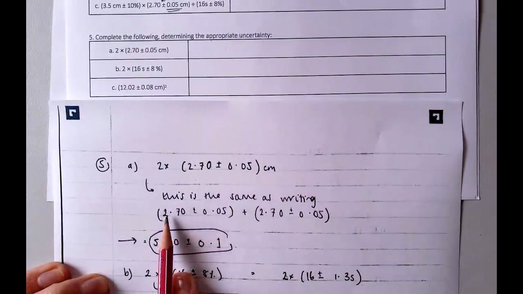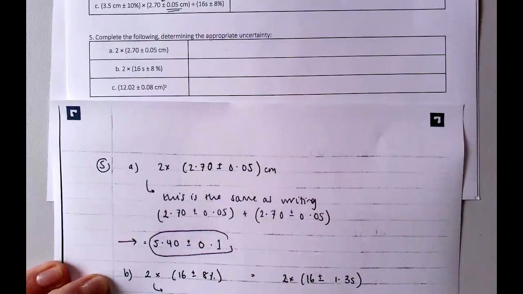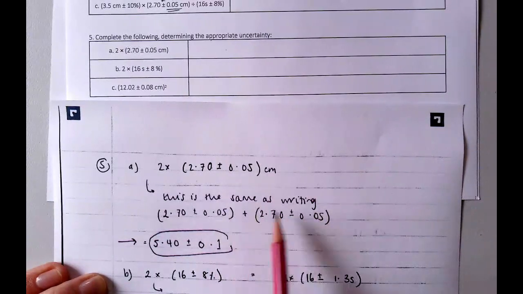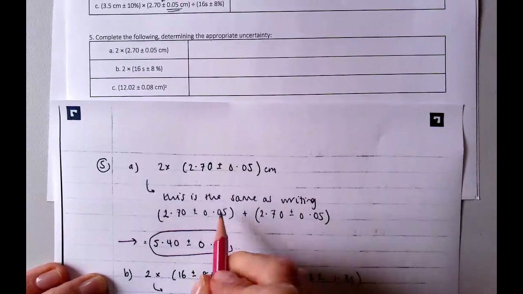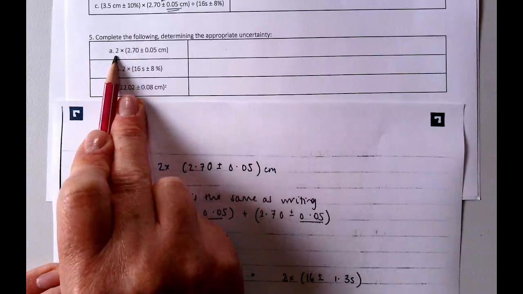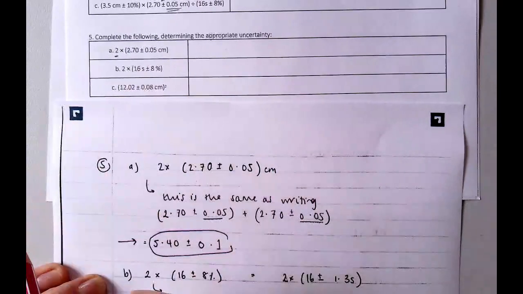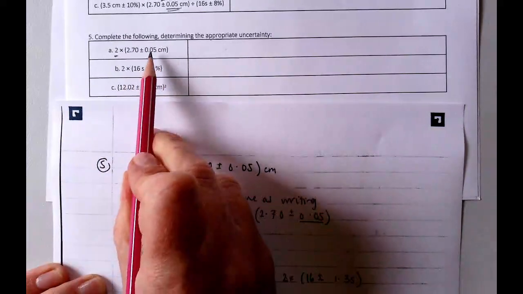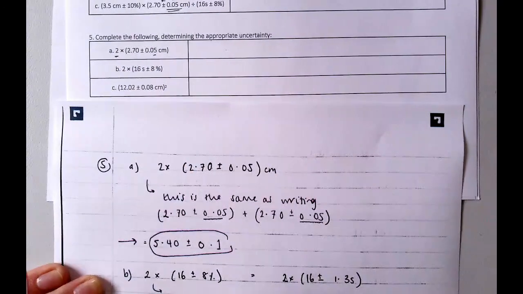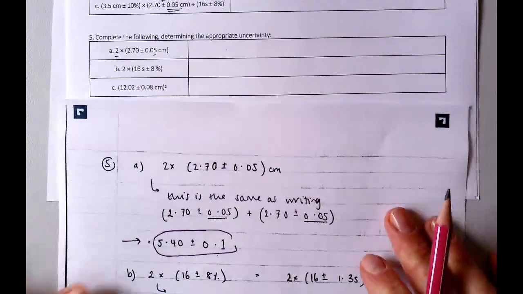So we find our value of 5.4, and because we have two lots and we're adding two lots of these, we add these absolute uncertainties. Okay, so here when we just scale by a factor, we're actually just going to gain two lots of my absolute uncertainty as well. So hopefully you can see how I've got 5.4 plus or minus 0.1.